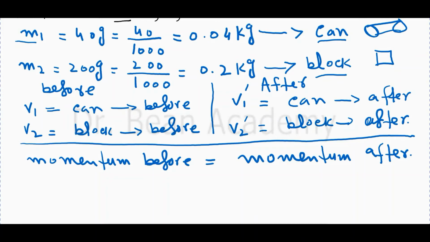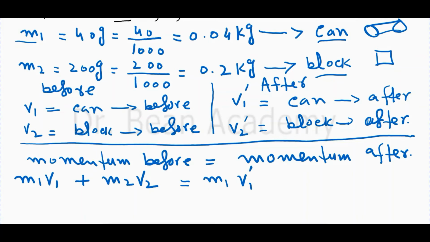We know momentum is mass times velocity of that component, so let's write m1 v1 plus m2 v2. This is the total momentum of the system, which is the sum of the momenta of the individual components. This is equal to the momentum after the event, or explosion in our case. So I will write it as m1 v1 prime, because I am writing the momentum of the can first.